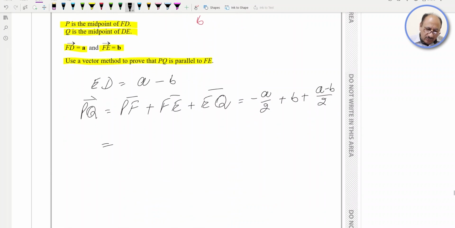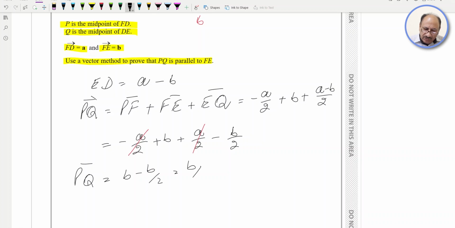So we can now rewrite this one as minus A by 2 plus B, and this one we can rewrite as plus A by 2 and minus B by 2 separately, and after cancellation this one can be cancelled, and PQ vector will be equal to plus B minus B by 2, which is equal to B by 2. So this is B by 2.